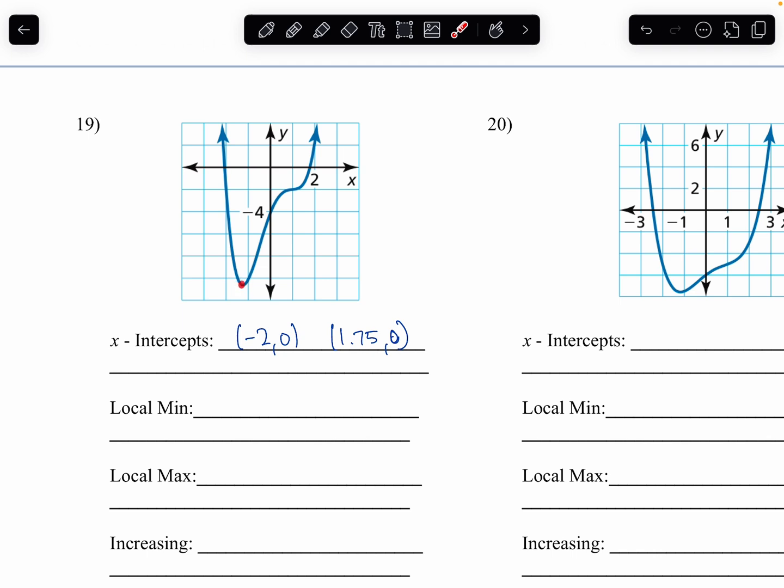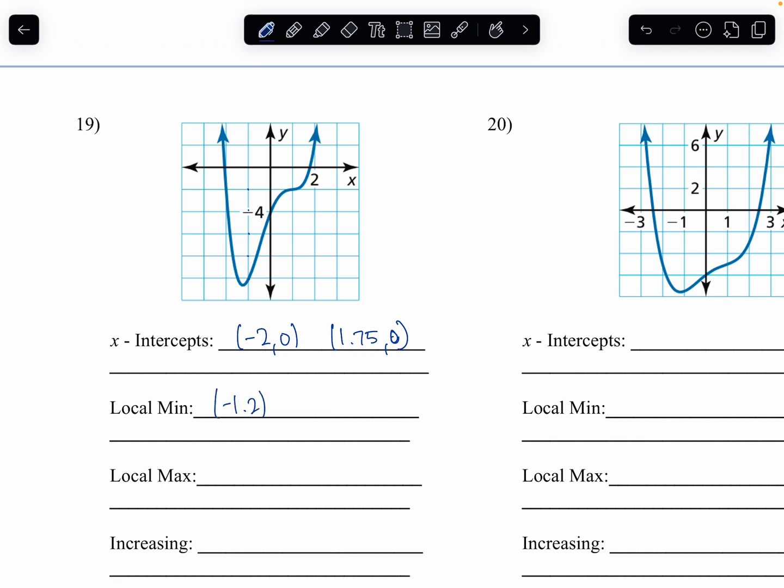Okay. Local minimum, we only have one minimum. That's going to be right there. So like -1.2, comma. So this would be 1, 2, 3, 4, 5. So -5, maybe. Wait a minute, that's not right. I'm looking at the wrong part right here. So -1.2.